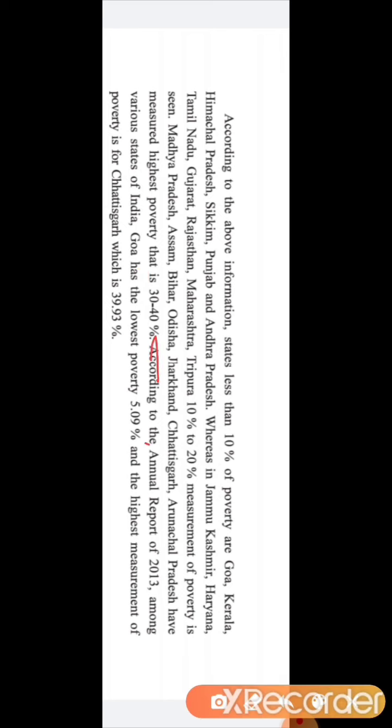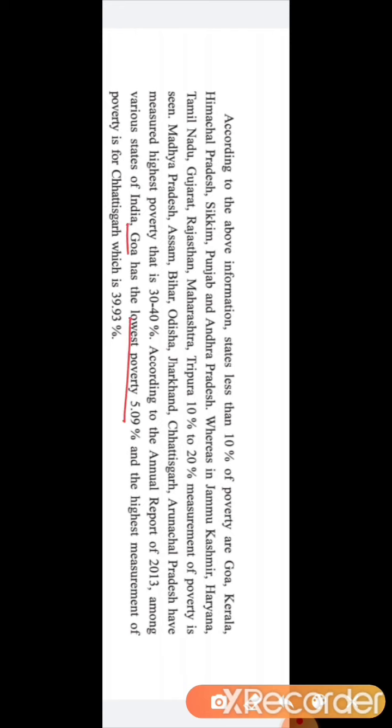According to the annual report given in the year 2013, among the different states of India, Goa has the lowest poverty, that is 5.09%. This you have to remember for the MCQ and one line questions: which state is having the lowest poverty and how much the percentage is.